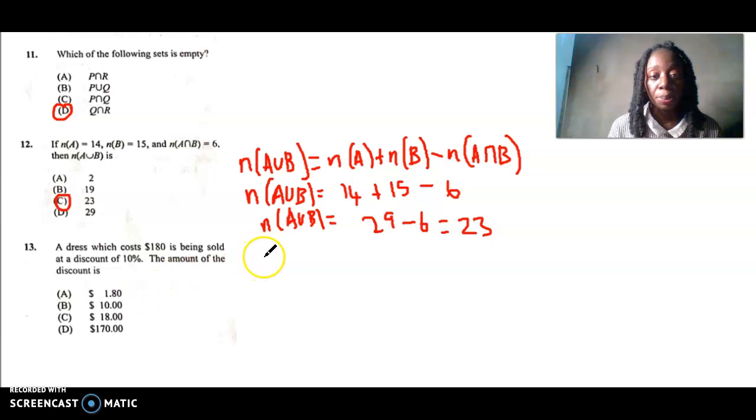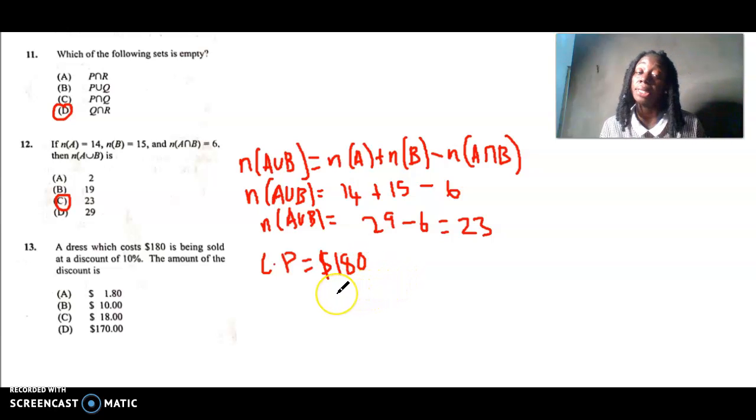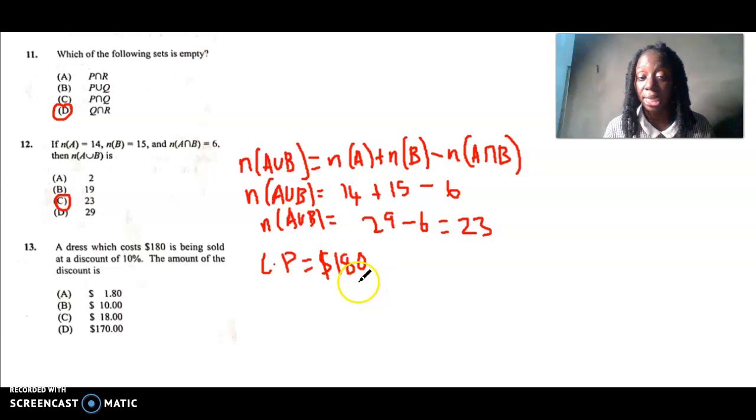Alright, so the cost price is simply $180. Now we need to find that 10%. That's 10% that will be subtracted from $180.